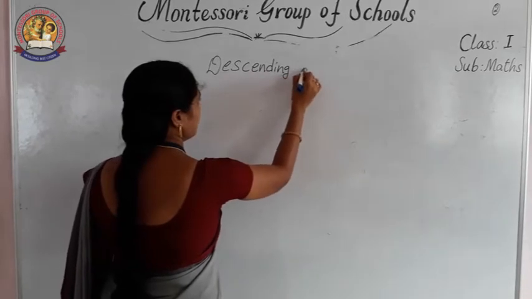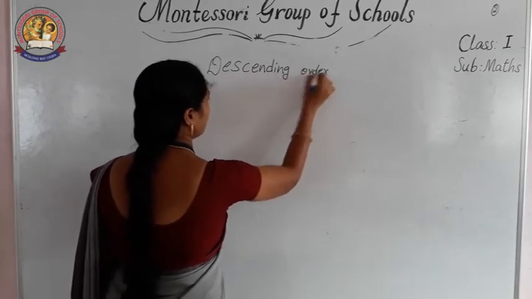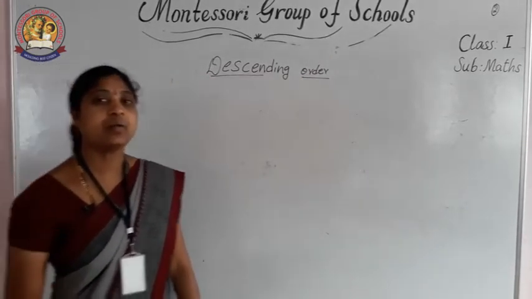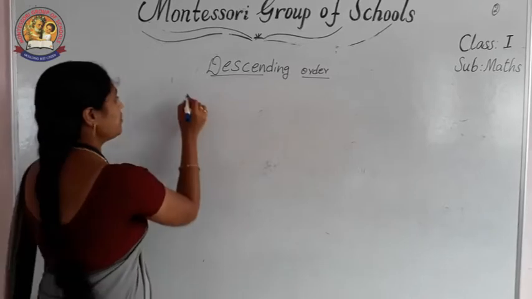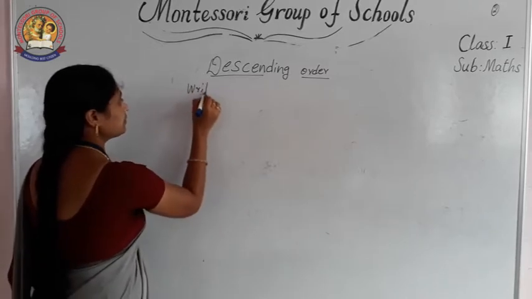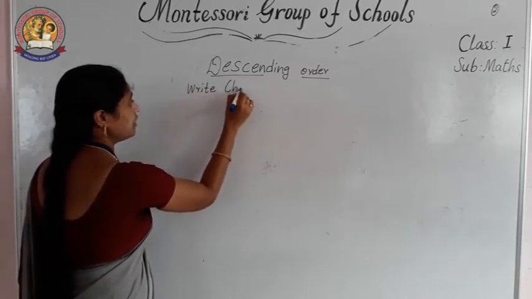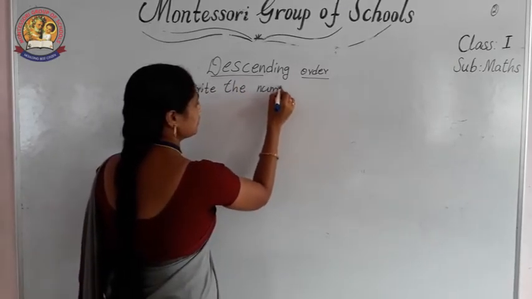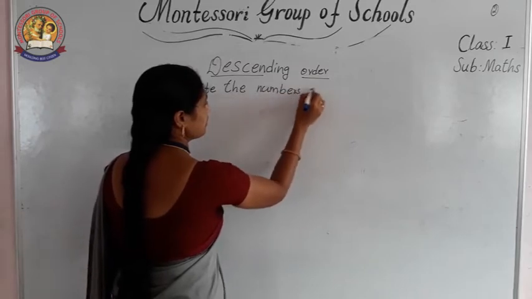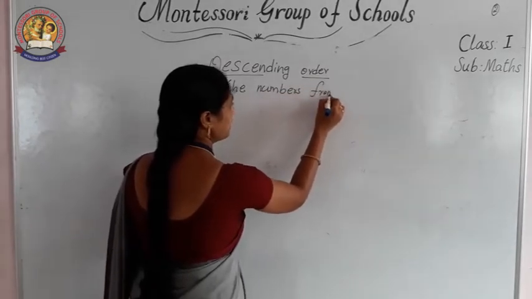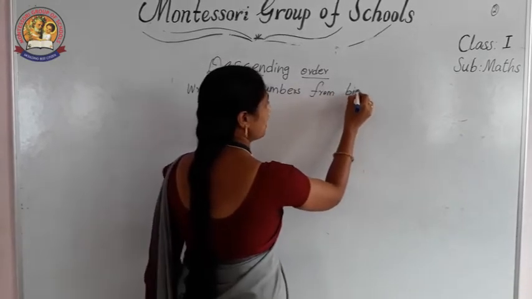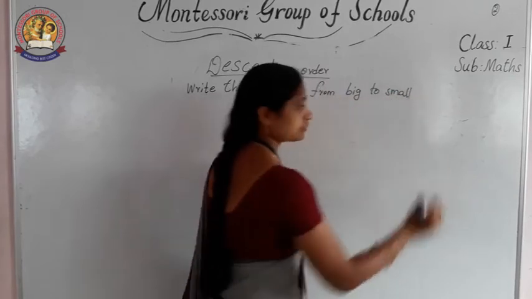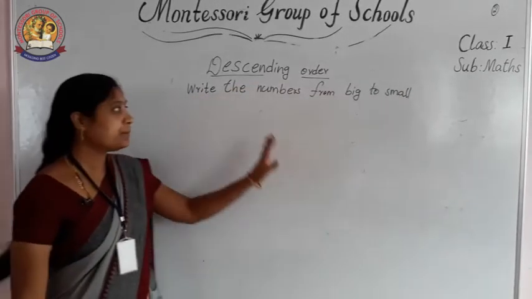D-E-S-C-E-N-D-I-N-G, descending. O-R-D-E-R, order. In descending order, write the numbers from big to small.